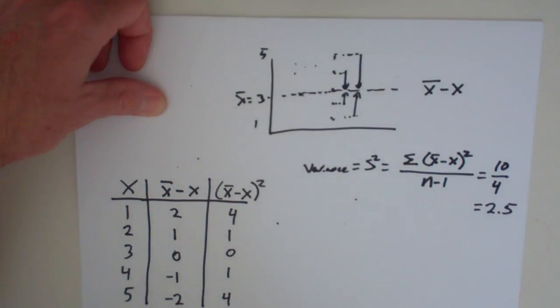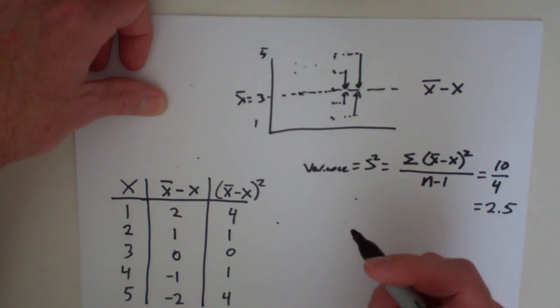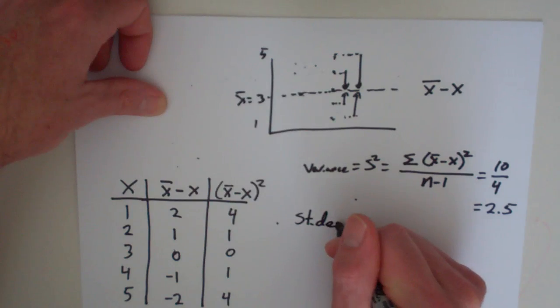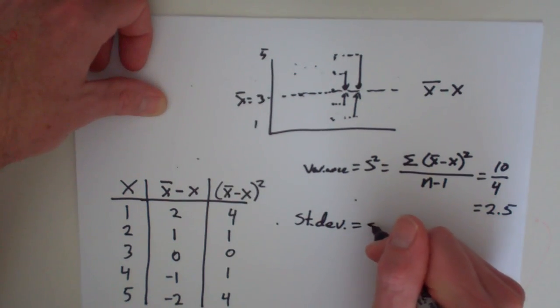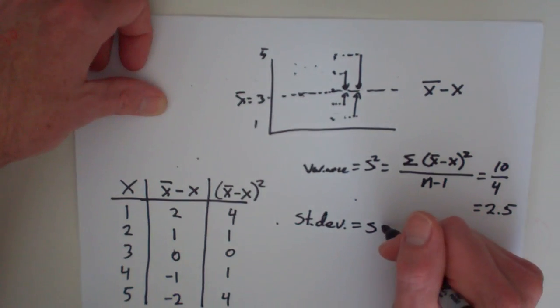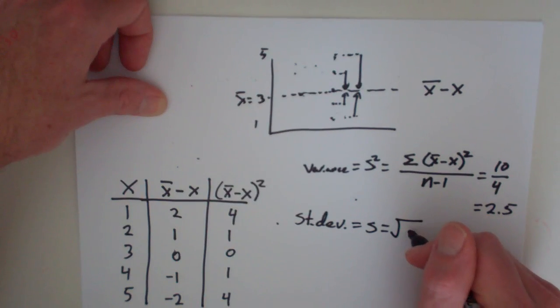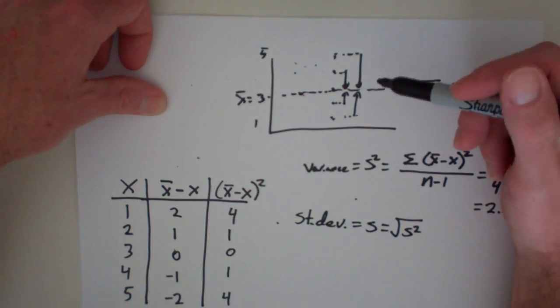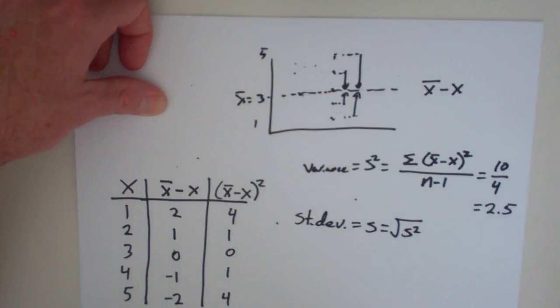So a more typically used and more relevant measure of the spread of the data is the standard deviation, which is symbolized by s, and that's because it is equal to the square root of s squared. So now we're getting rid of this squaring, we're taking care of that, so we basically are getting the absolute value of the difference between each point and the mean.